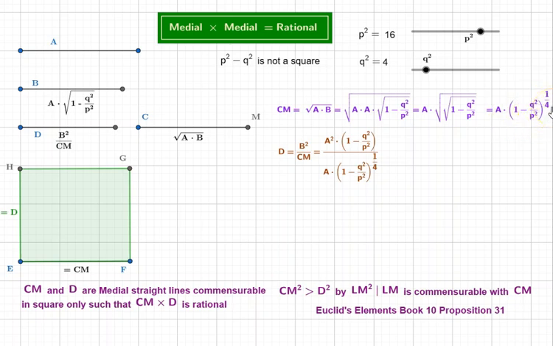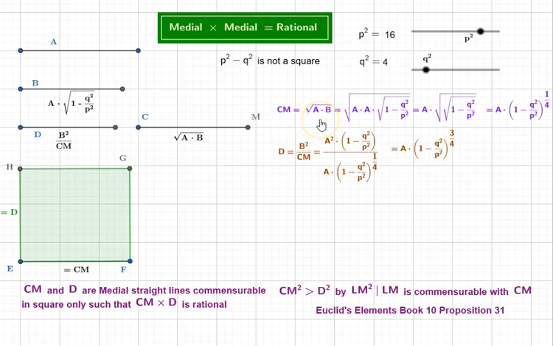which can be simplified to here the power is 1, here the power is 1 by 4. So 1 minus 1 by 4 is 3 by 4. One of the A's will get cancelled out here. So A times 1 minus Q square by P square to the power of 3 by 4. Okay.